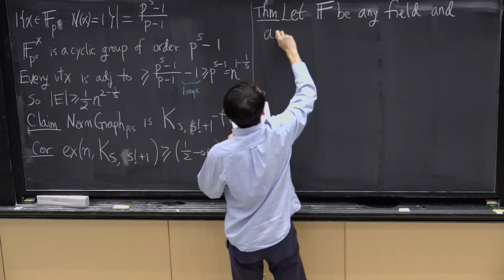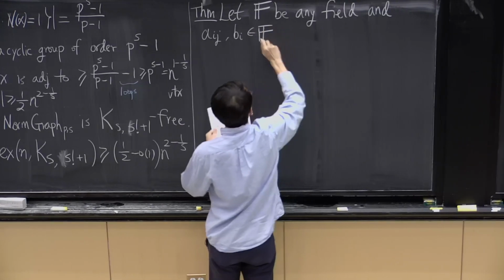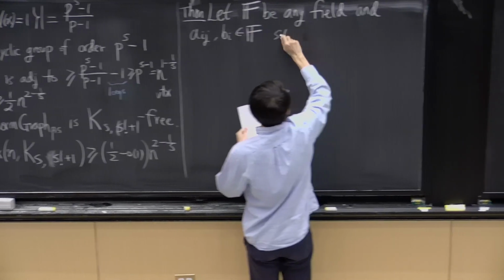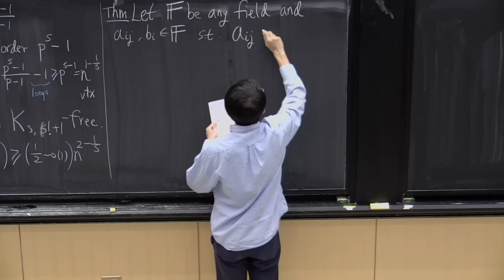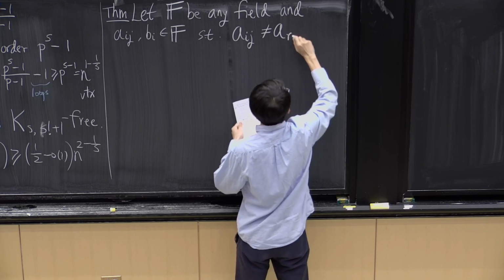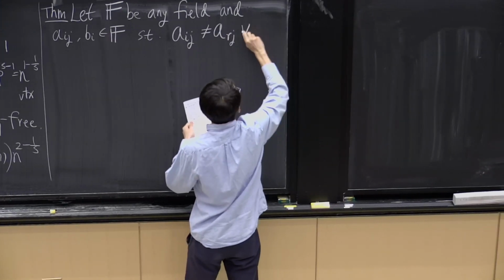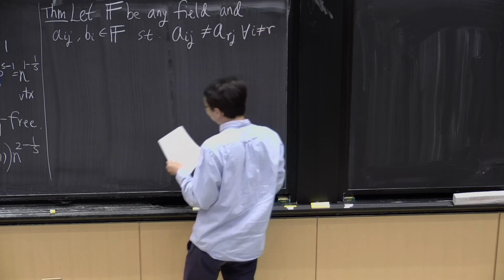And I have a bunch of elements from the field such that a_{ij} is different from a_{rj} for all i not the same as r.